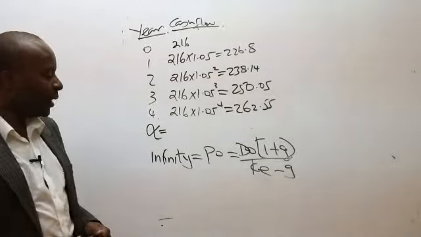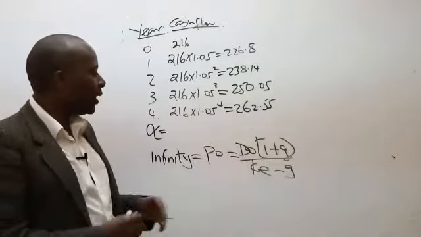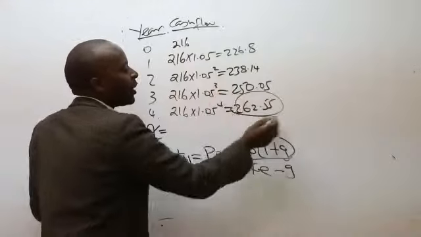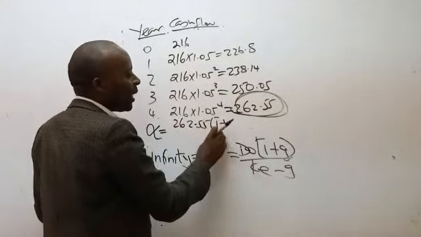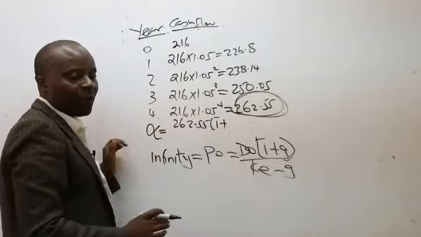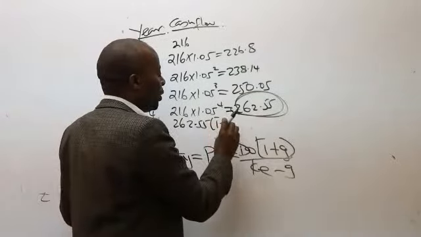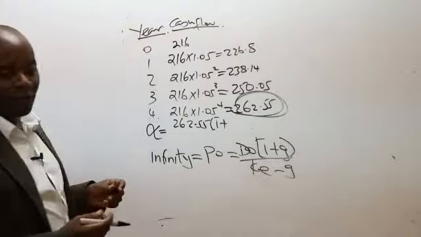So, ladies and gentlemen, remember when we talk of D0, this is the most current dividend, I can see it is this. Please never go back to this. The most current dividend is 262.55 into 1 plus the perpetual growth rate. The perpetual growth rate, they're not even giving me answers.